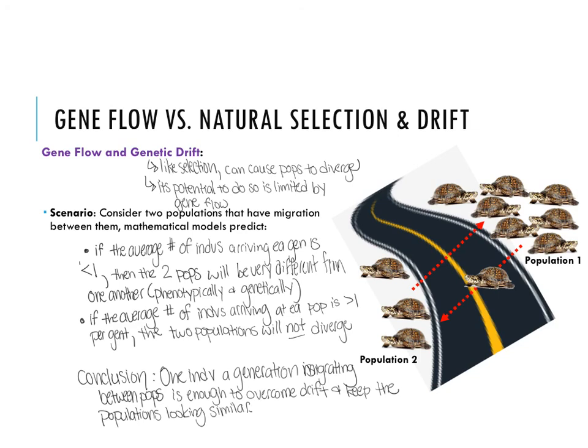All right, 1 individual per generation is all you need to counter drift.